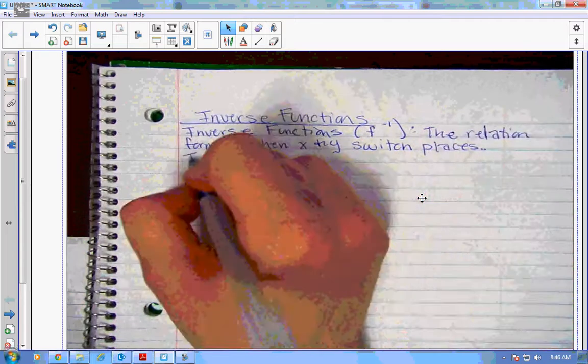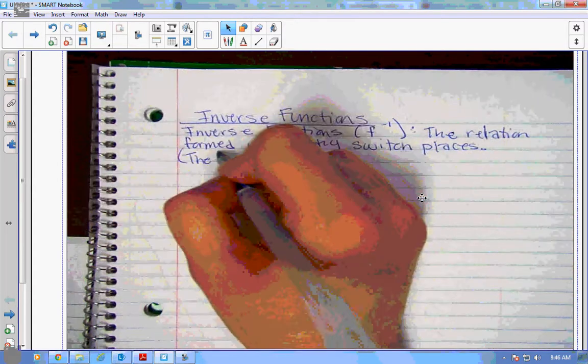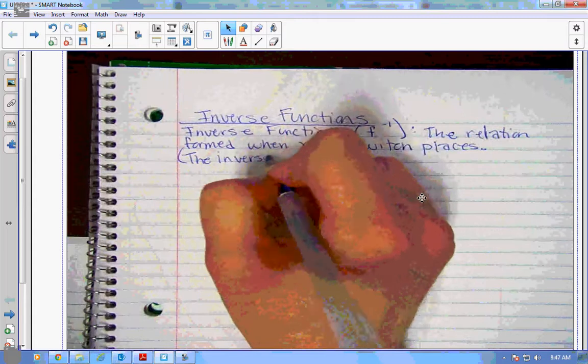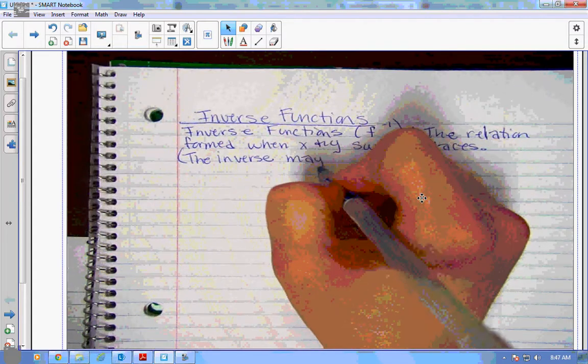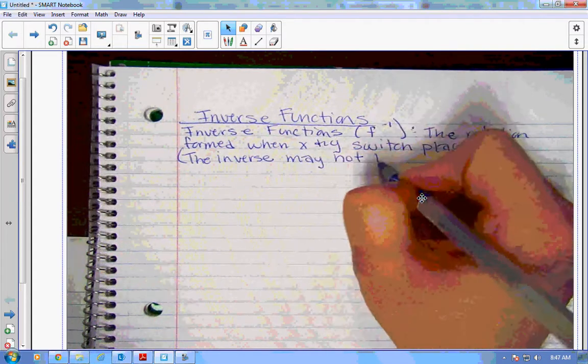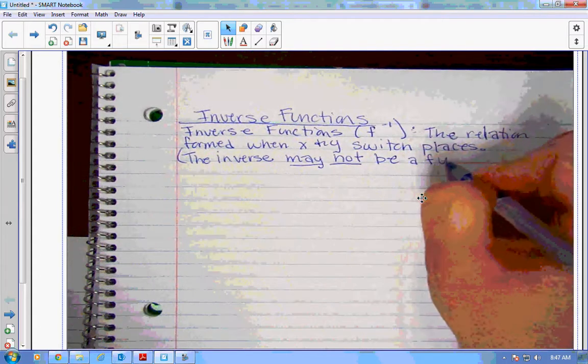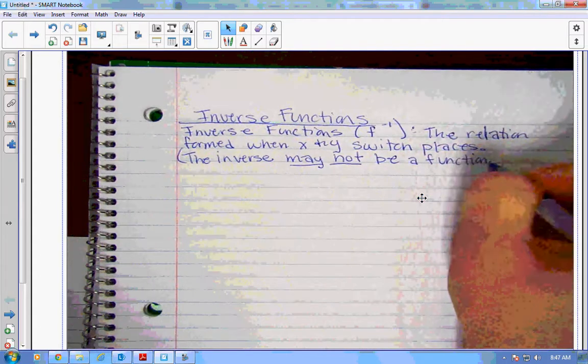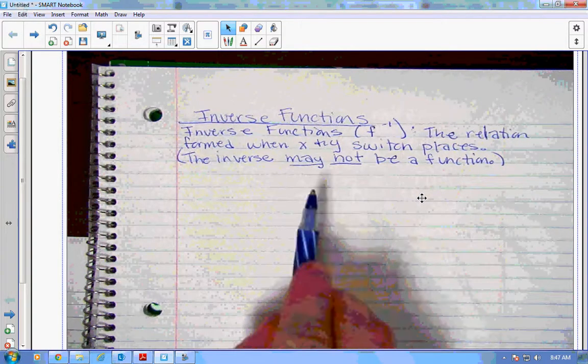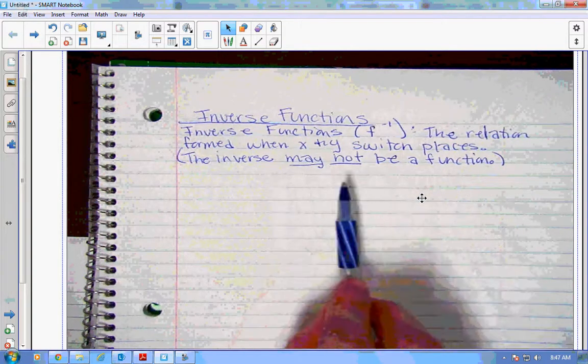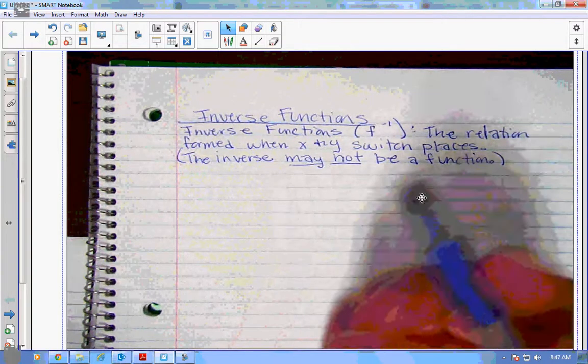Now sometimes the inverse function may not actually be a function. Sometimes it may not be a function. The original is a function, but the inverse might not be a function. We can tell if it's not a function by the vertical line test. Each x can only have one y.